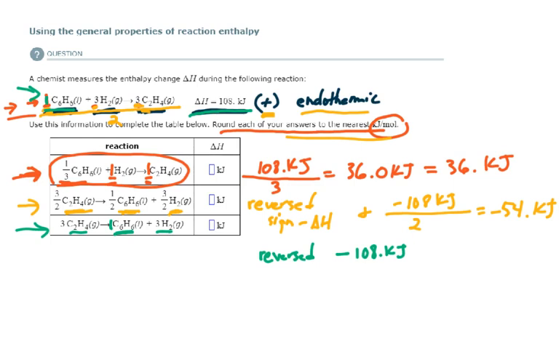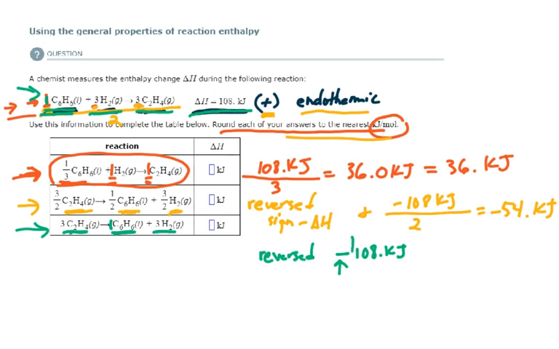Did I change the amount of matter of the substances involved in this reaction? No, I did not. I still have 3 moles of this, 1 mole of this, and 3 moles of this. So the only thing that changed was the sign of the enthalpy change.